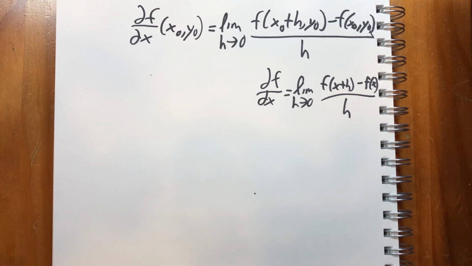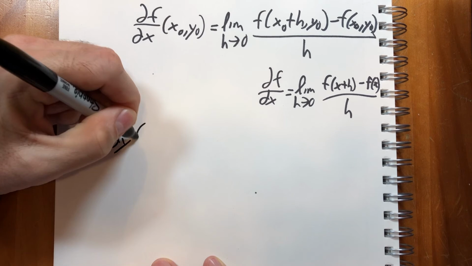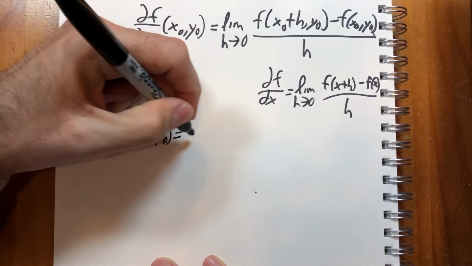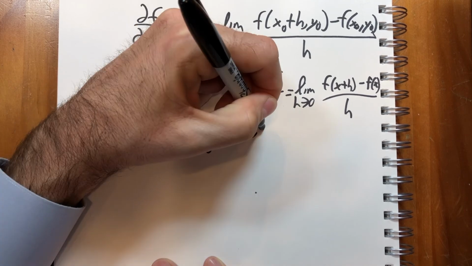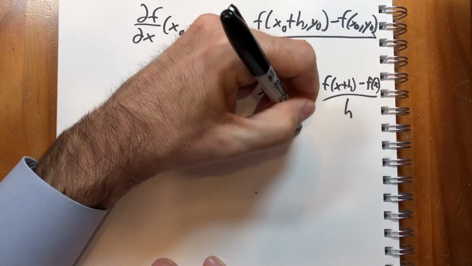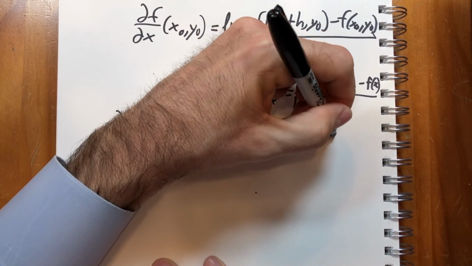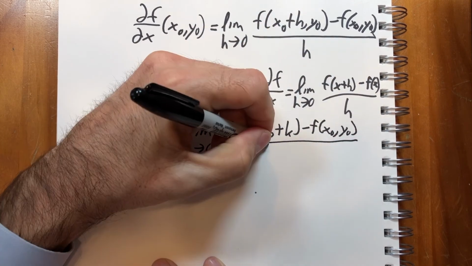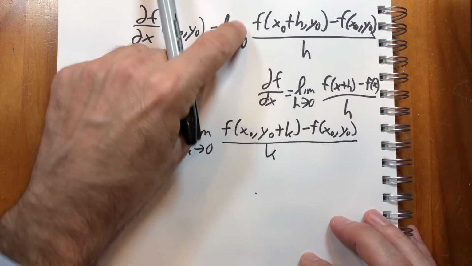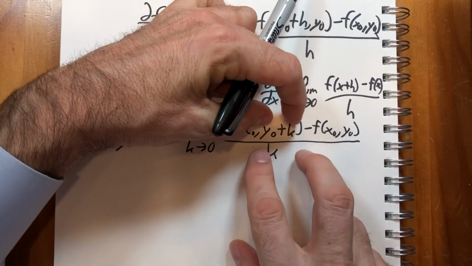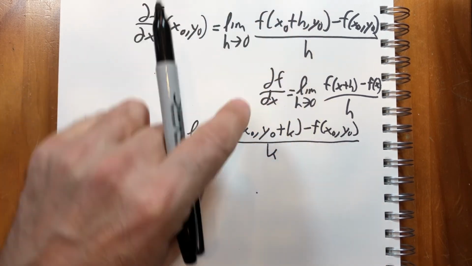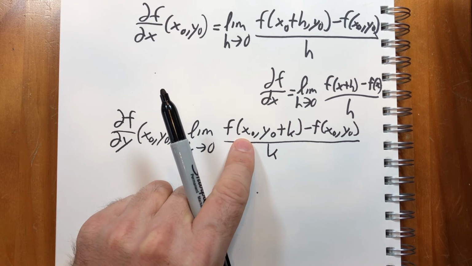Now, the partial derivative with respect to y is actually a little bit different. It is the limit as k approaches 0 of f of x0, y0 plus k minus f of x0, y0 over k. So it's the same, but now we're getting closer to y in the y direction and x is remaining fixed.